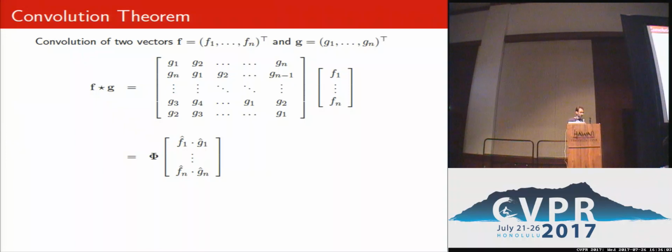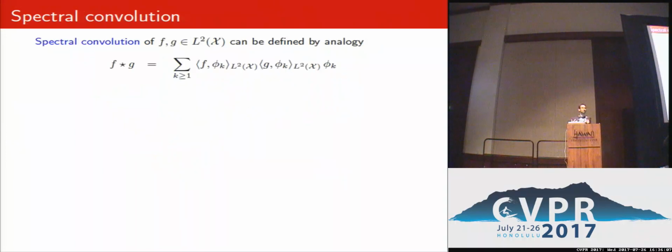Unfortunately, in the non-Euclidean case on manifolds, we don't have any shift invariance, so we cannot even define, or at least not straightforwardly define, the convolution integral. But we can take what is a property in the Euclidean case, the convolution theorem, and say this is our definition of what we can call the spectral convolution, right? So we define the convolution as taking the Fourier transform of f, taking the Fourier transform of g, multiplying them element-wise, and taking the inverse Fourier transform.